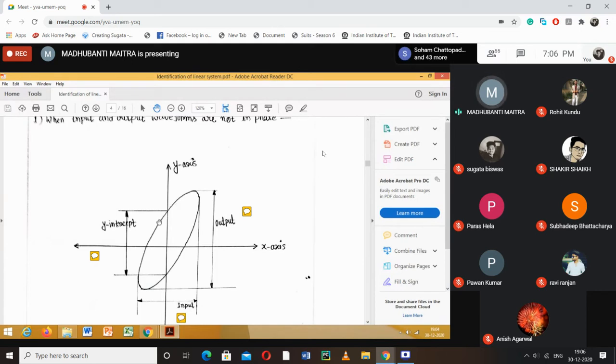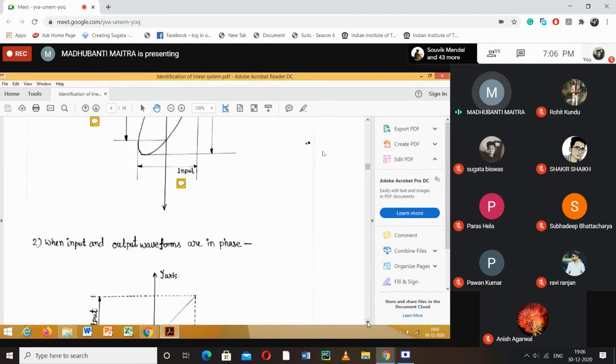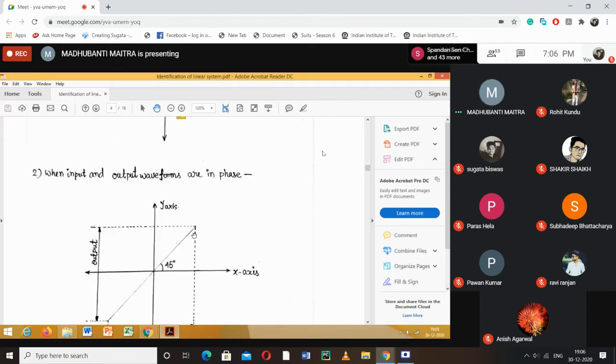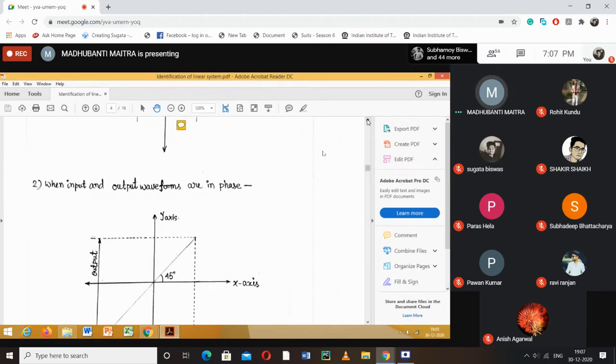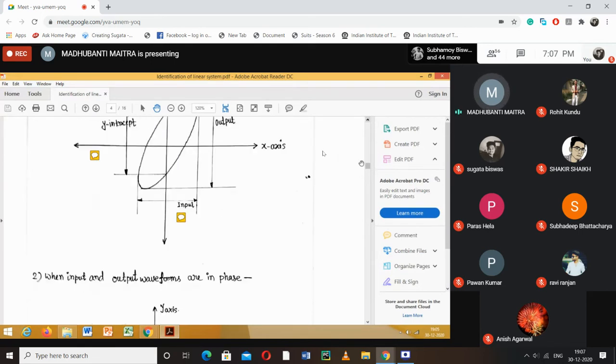If there is no phase difference between the input and the output, then we'll get a straight line passing through the origin, and this angle is 45 degrees. If the phase difference between the input and output is 90 degrees, then instead of an ellipse we'll get a circle.